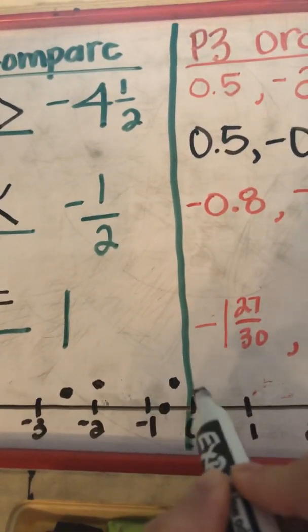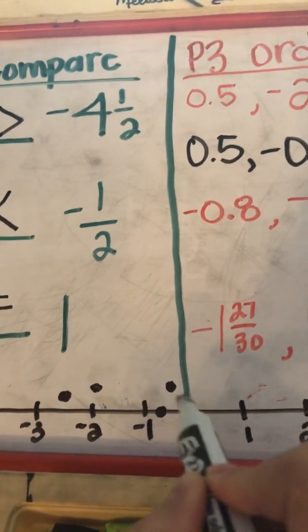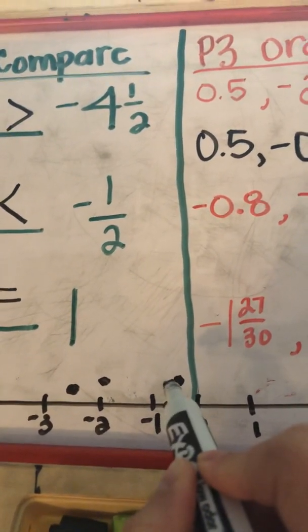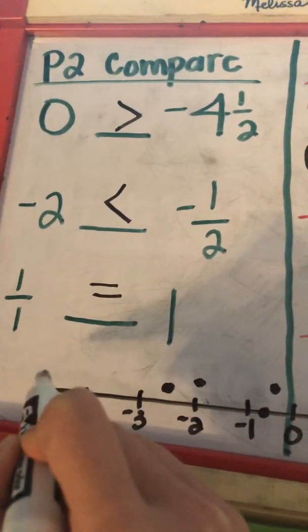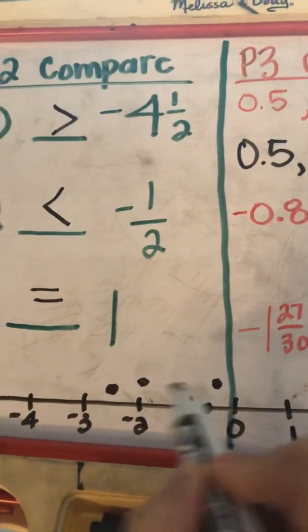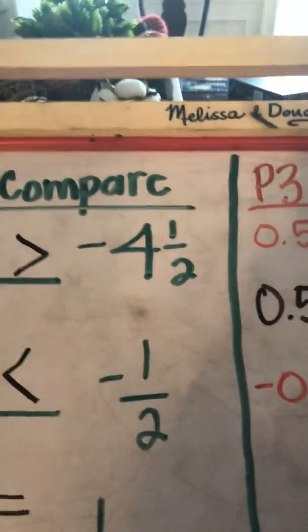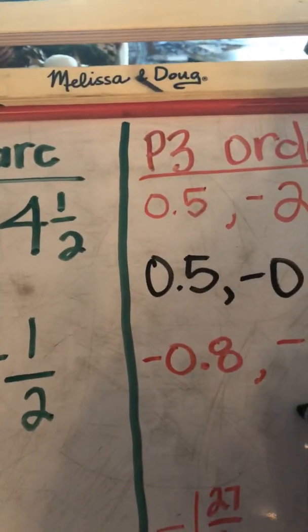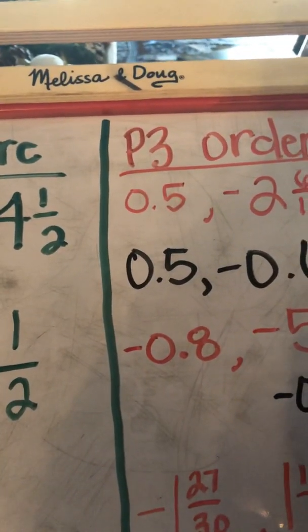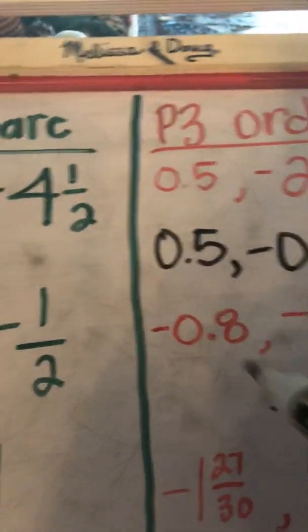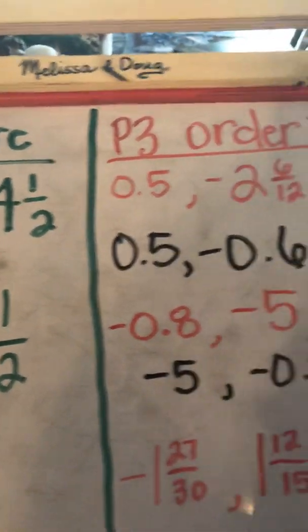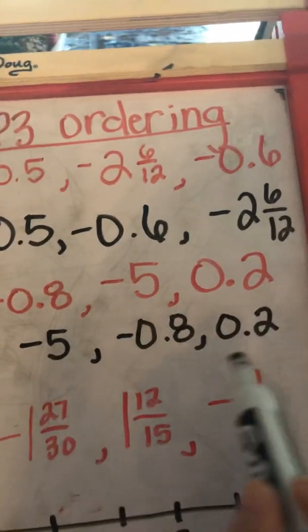So the one that's closest to 0, furthest to the right on the number line, and negative 5 is way out here, is greater than this over here. So negative 0.8 would be next, and then negative 5 would be my least. So going from least to greatest.